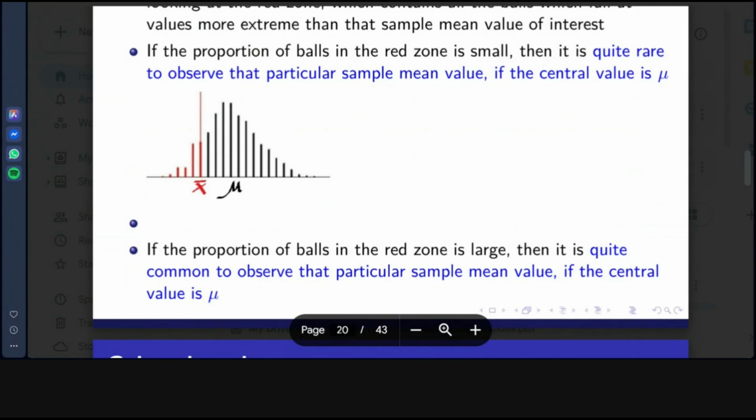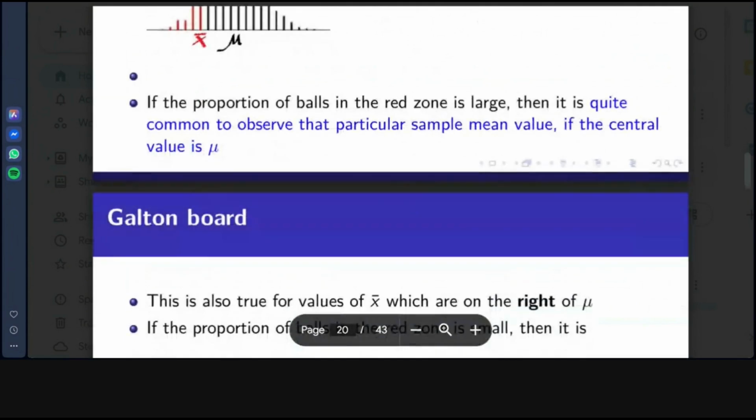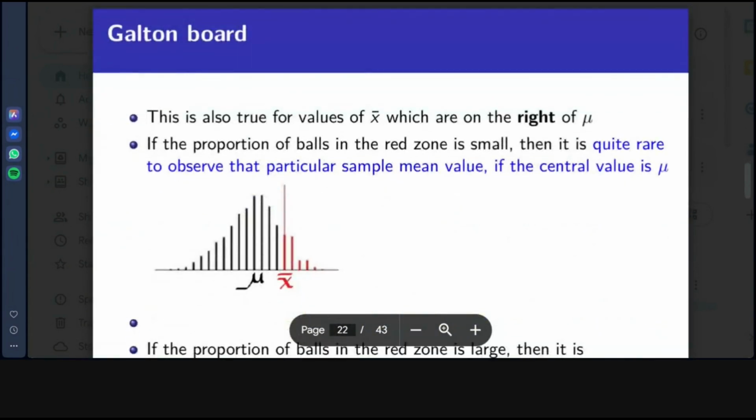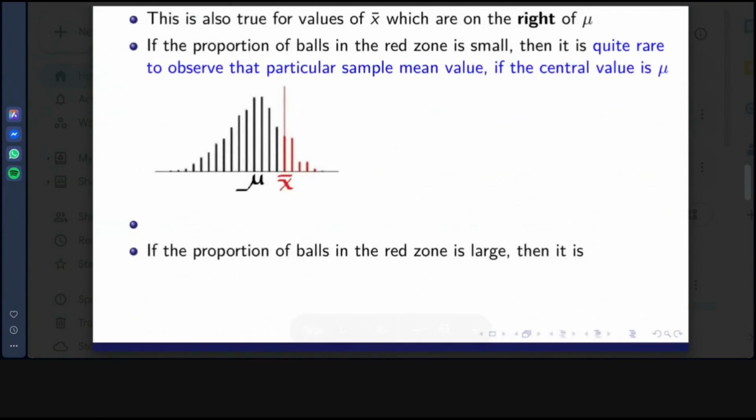However, if you find that your mean is way on the left side, and there are not many balls in the red zone, then it means that that particular value of a mean is quite rarely observed when you sample from a population. It's extreme. Now, it doesn't just have to be the left side. It's also true if you have a value of x bar that is on the right. So you have the Galton board, and then you have some particular value of x bar.